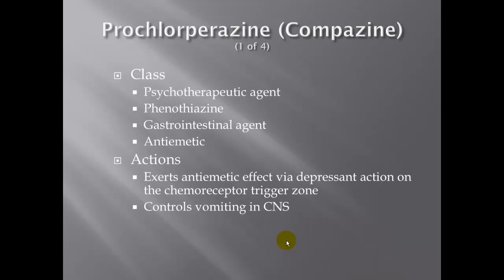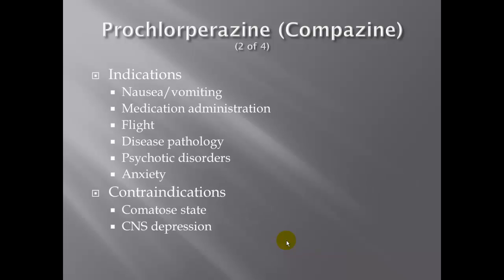Prochlorperazine, or Compazine. Class: psychotherapeutic agent, phenothiazine, gastrointestinal agent, and antiemetic. Actions: exerts antiemetic effect via depressant action on the chemoreceptor trigger zone. Controls vomiting in the CNS. Indications: nausea and vomiting, medication administration, flight, disease pathology, psychotic disorders, anxiety.